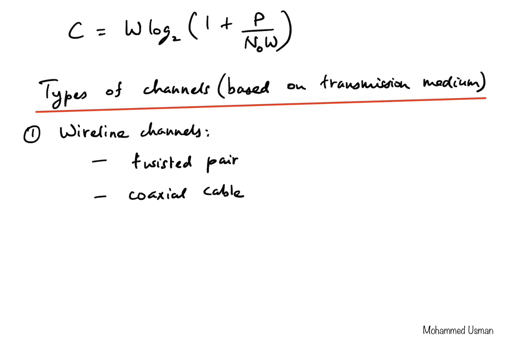For example, the telephone wire, which uses the twisted pair, gives us a bandwidth of say a few hundred kilohertz.